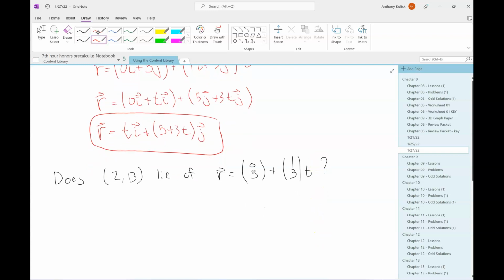So another thing we should be able to check is if a point is on a specific vector line equation. So what we're going to do, this vector r is just representing some xy, right?